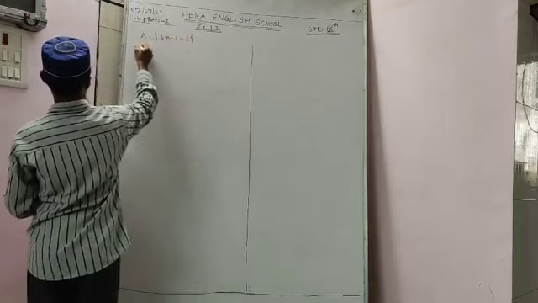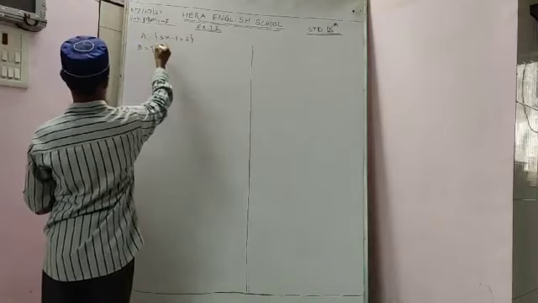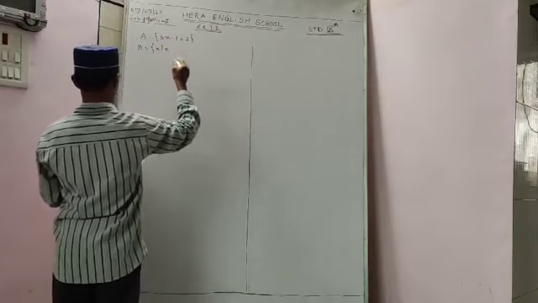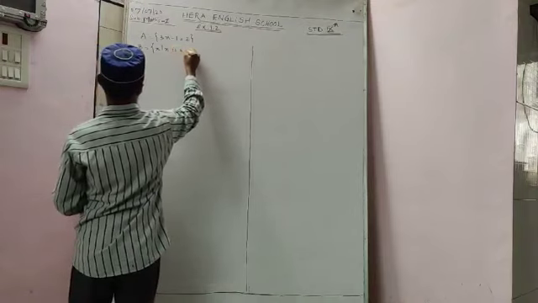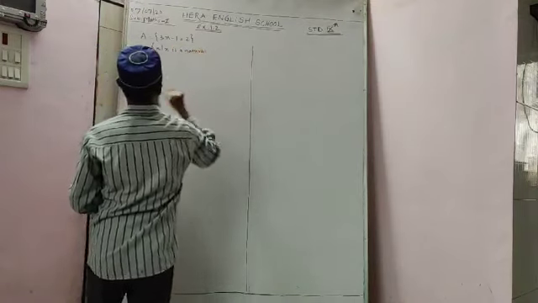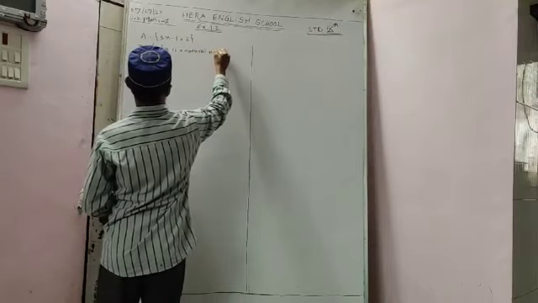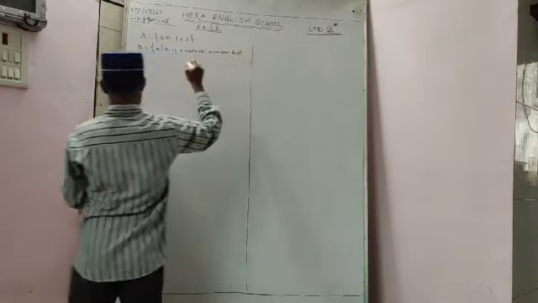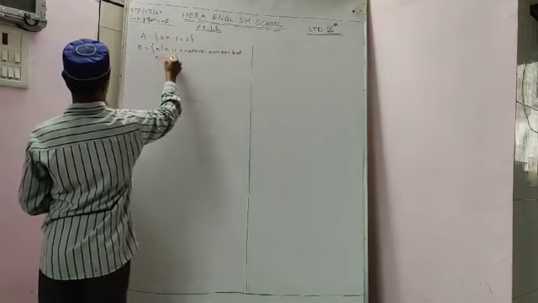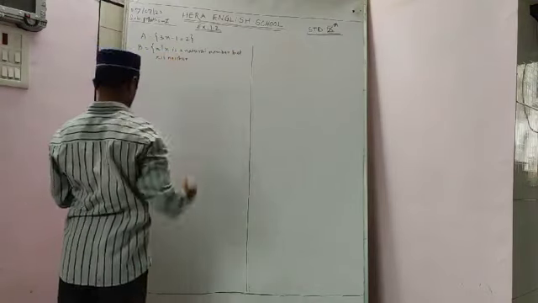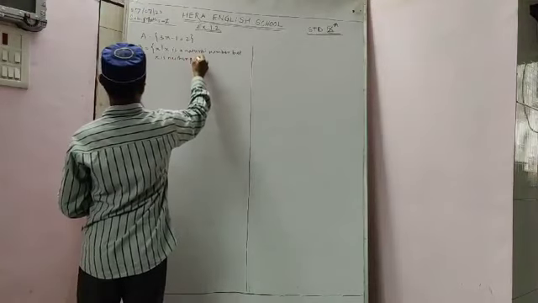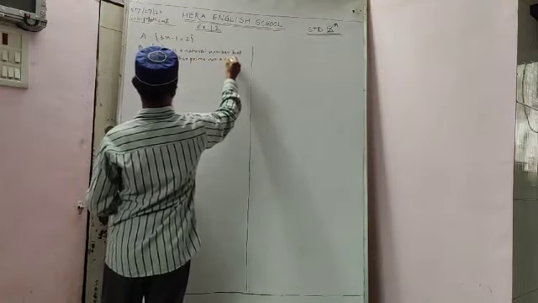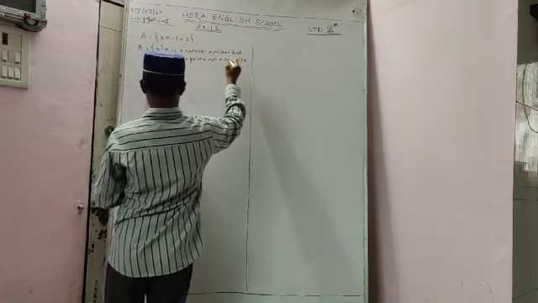Set B, we have x is a natural number, but x is neither prime nor a composite number.